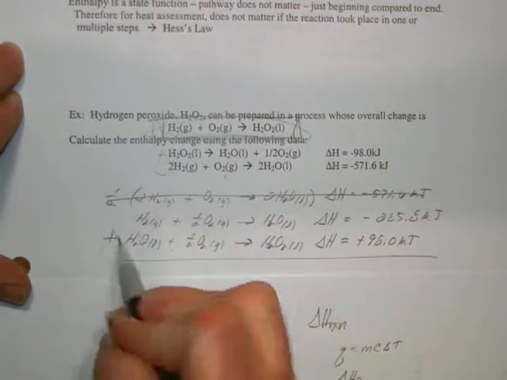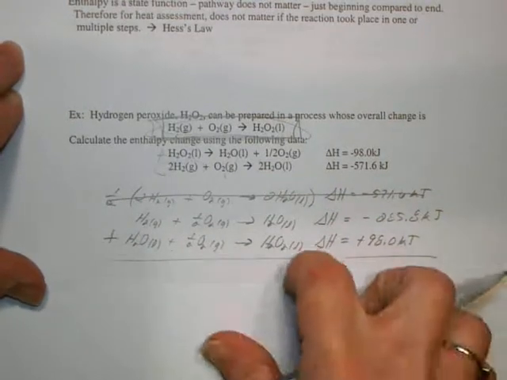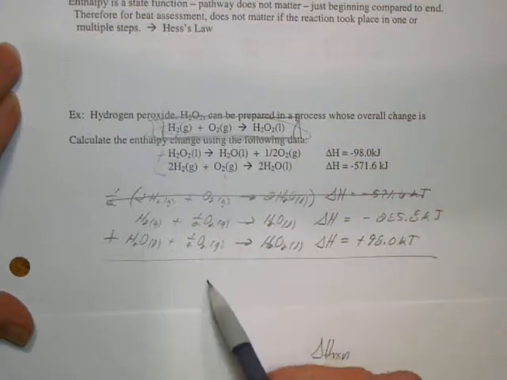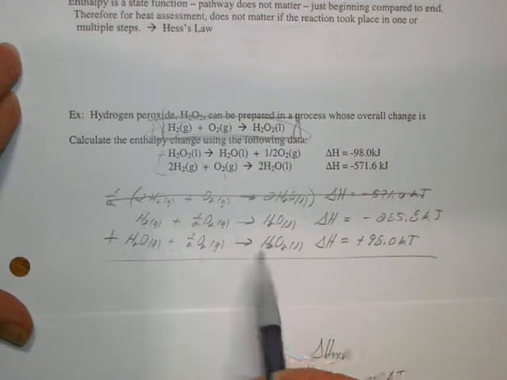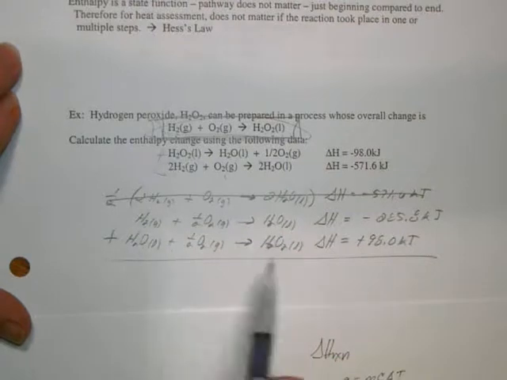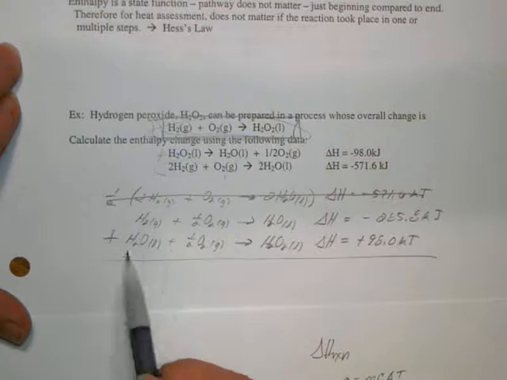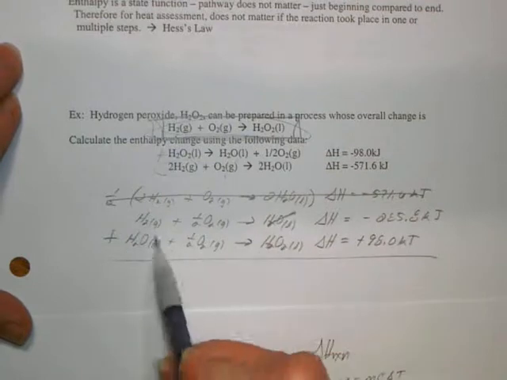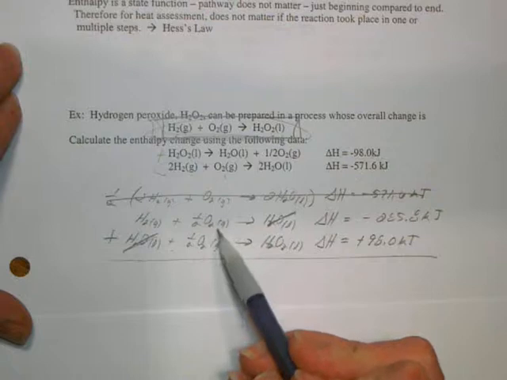Let's see if I add these reactants and products, if I get my overall reaction. Now remember, if I have like species on the reactant and the product side, those can be reduced or canceled. Hydrogen gas, nothing to cancel. Water liquid, water liquid, that cancels. I have oxygen and oxygen.